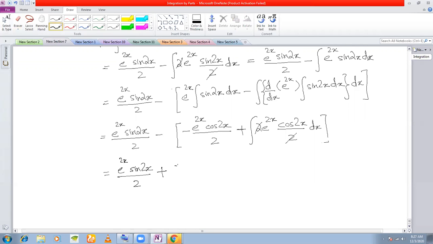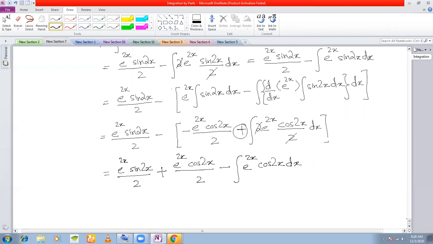When you open the brackets, it becomes e to the power of 2x cos 2x by 2. Minus, because I'm opening the bracket, this plus sign becomes a minus, minus integral e to the power of 2x cos 2x dx.